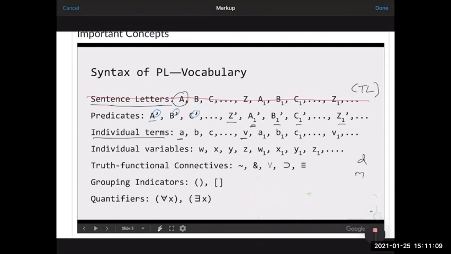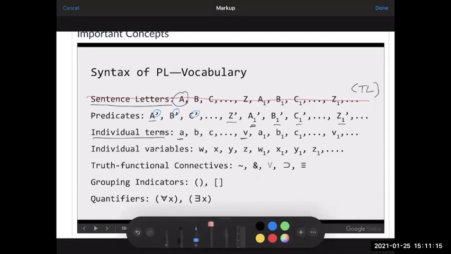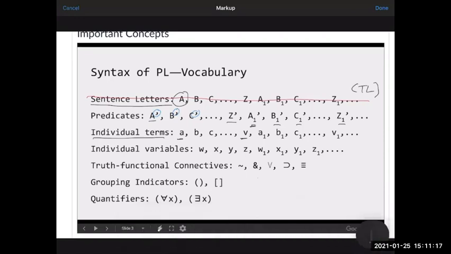The next thing we have to talk about, well, let me mention very briefly the individual variables. And while we're at it, the quantifiers. The individual variables and the quantifiers we're not going to talk about very much yet, but they'll be used together. And that's why we don't use W, X, Y, and Z for individual terms. Those four letters are reserved for variables.